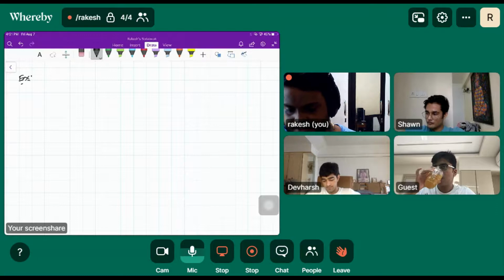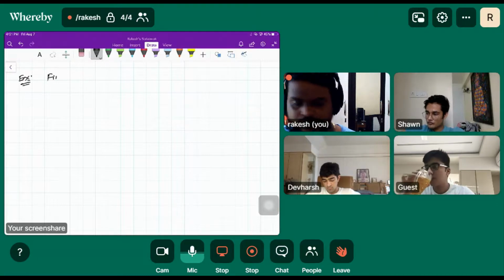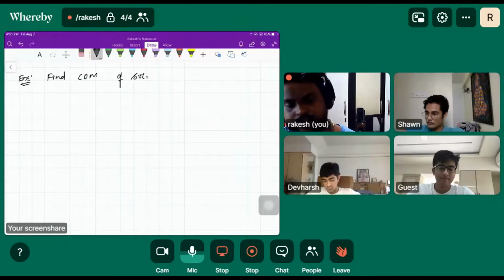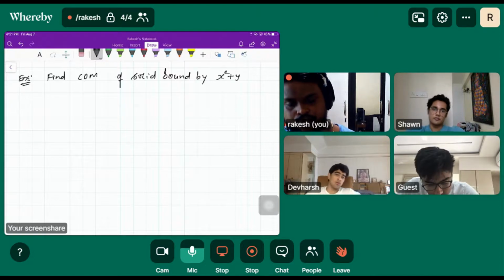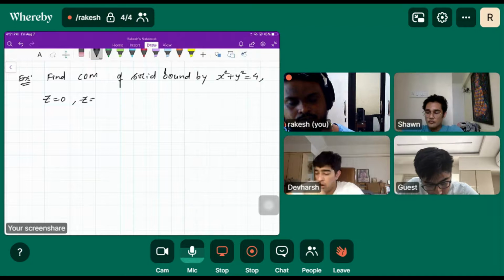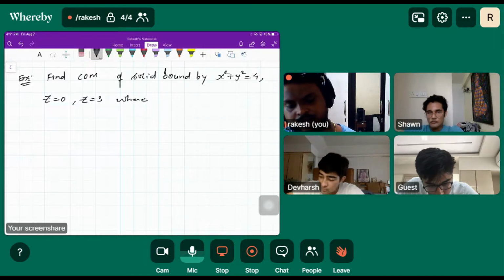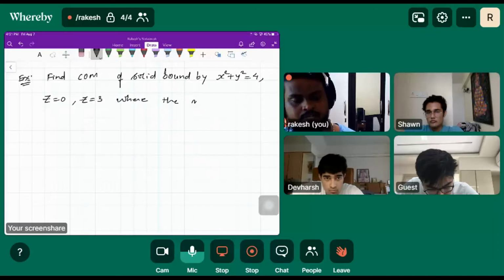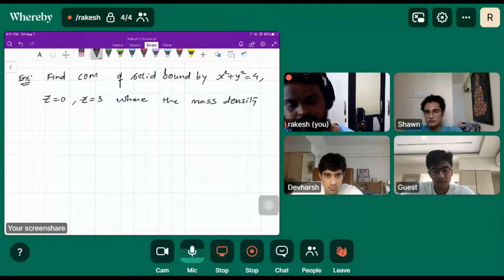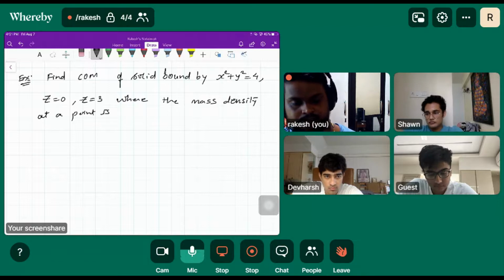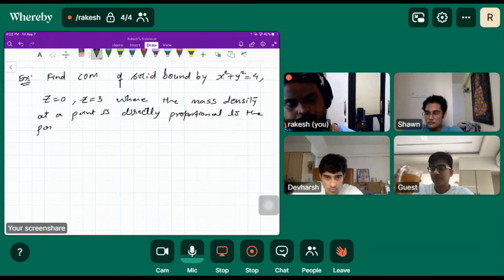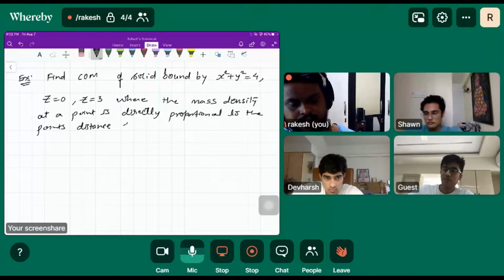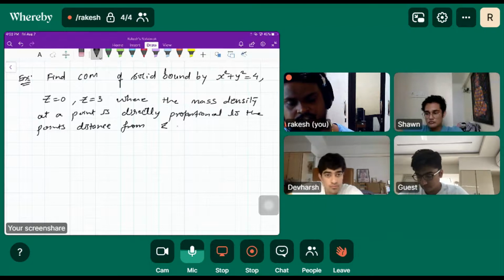So the next question is: find the center of mass of the solid bounded by x square plus y square equal to 4, z equal to 0, z equal to 3, where the mass density at a point is directly proportional to the point's distance from the z-axis.